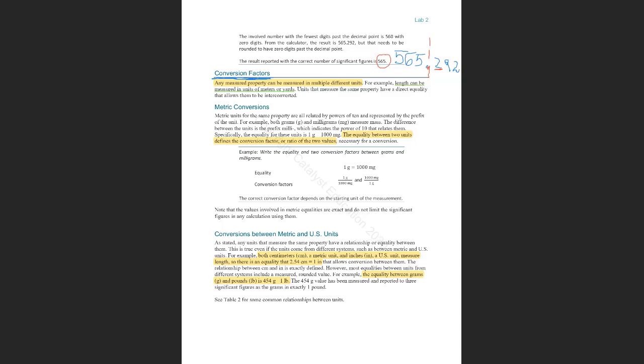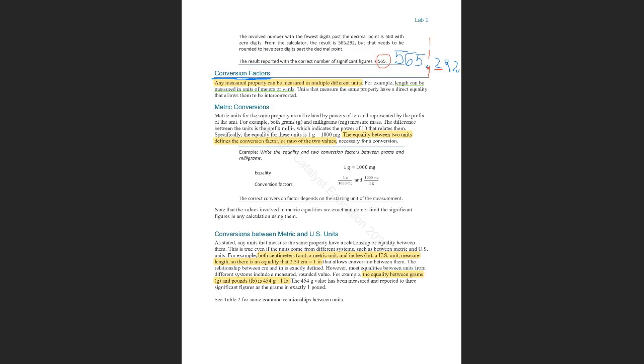So we need to learn how to convert between one and the other. And it's very simple. We are going to see several examples. In order to change from one system to the other, we need to know the equality. We need to know the equivalence between one and the other.